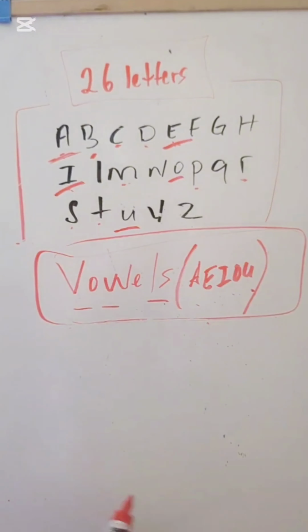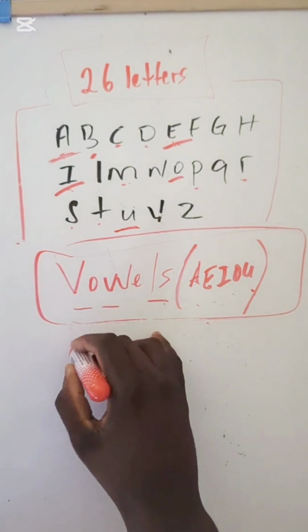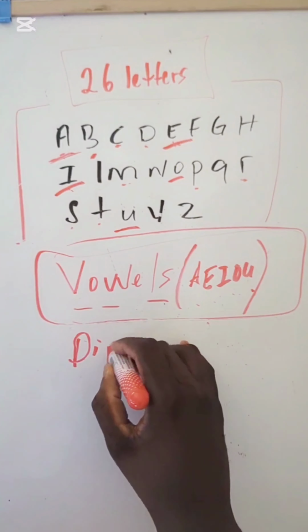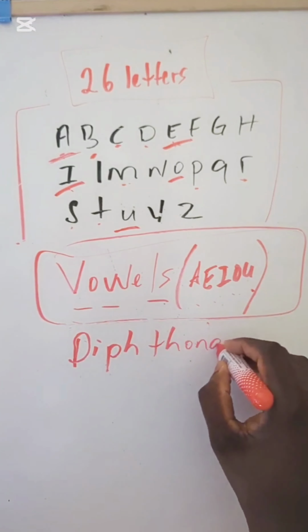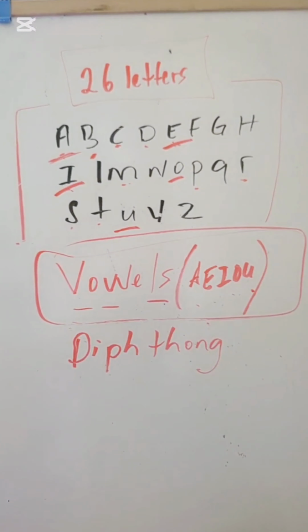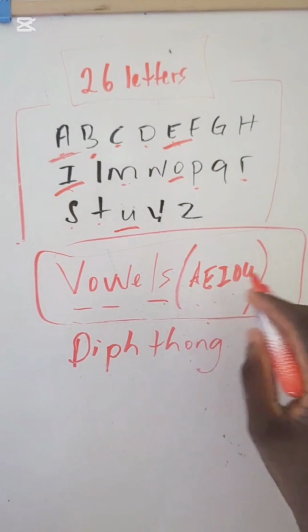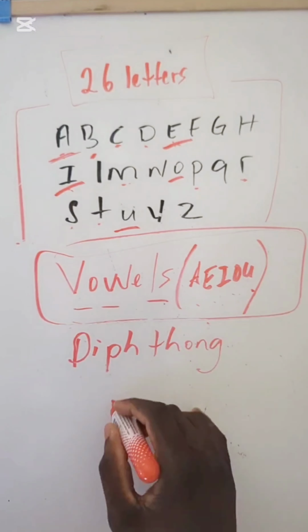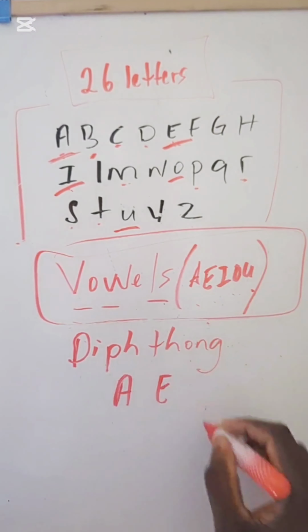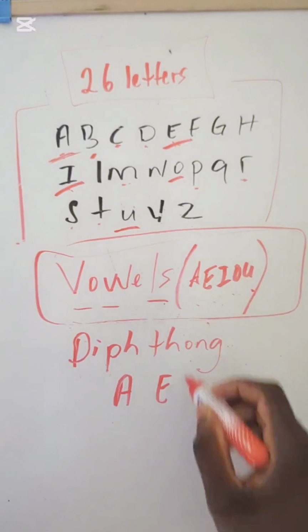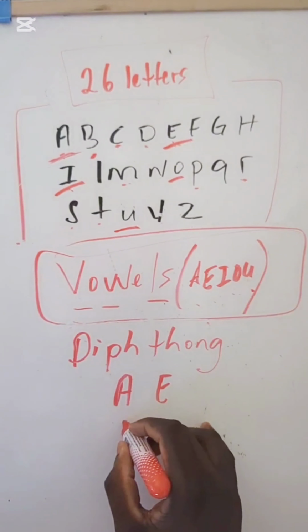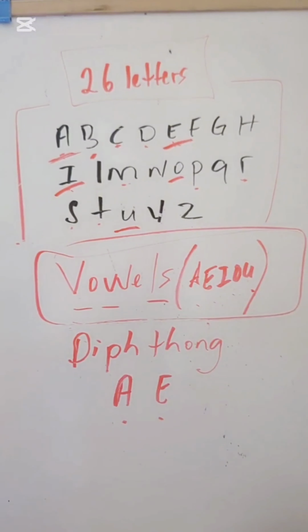That's the first subgroup of vowels we'll go through. The next group is diphthong. Diphthong vowel basically means they take two vowels from the list of vowels and connect them together. That's all a diphthong vowel is.